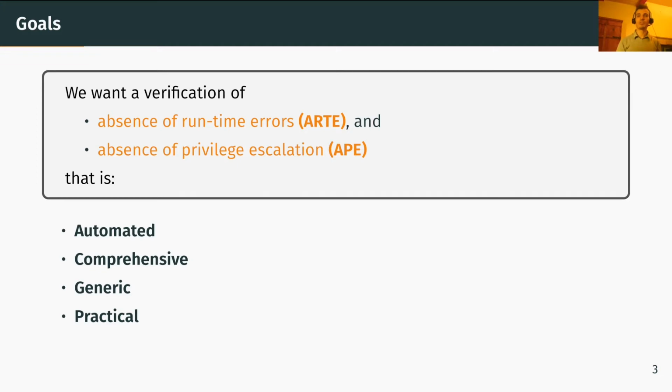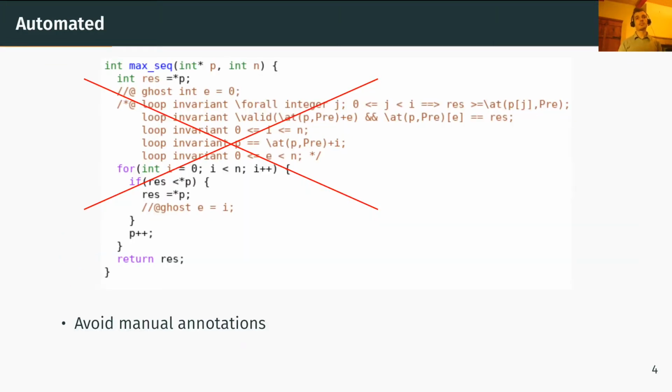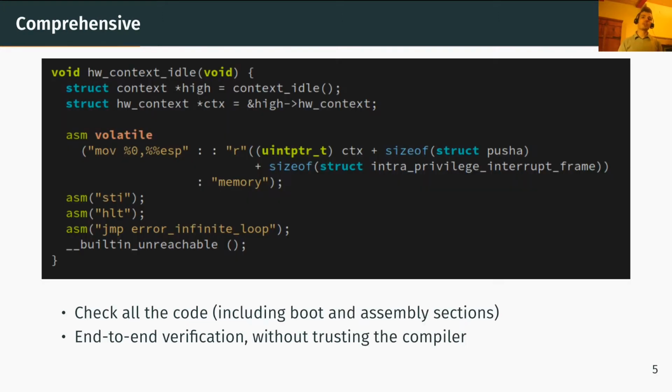So we would want a verification of these two properties, absence of runtime errors and absence of privilege escalation, that is automated in the sense that we don't want to write a lot of manual annotations. It should be comprehensive in the sense that all the code should be checked, including boot code, including assembly sections, low-level instructions, etc. And it should be end-to-end in the sense that we shouldn't have to trust the compiler.